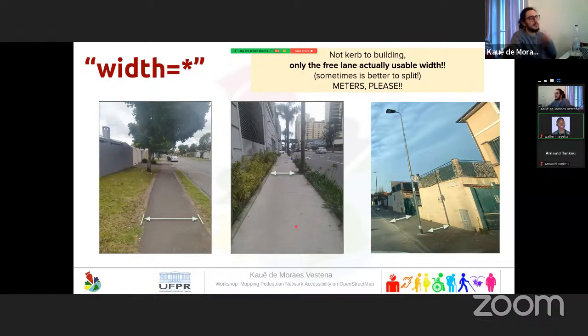So you generally can measure it locally with a measure tape, for example. And yeah, meters, please. No foot, no inches, no yards. No, just no. Always use meters. Okay.